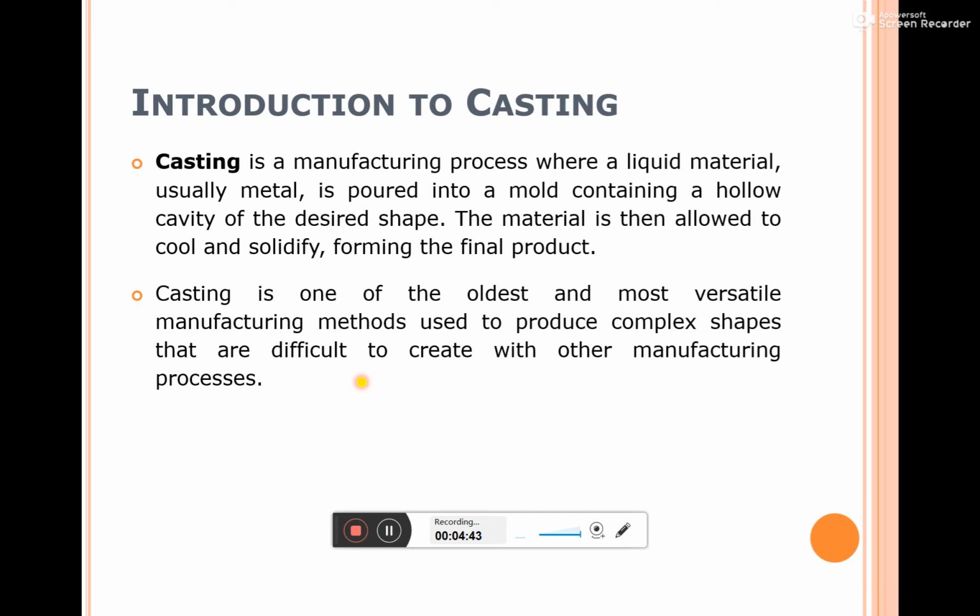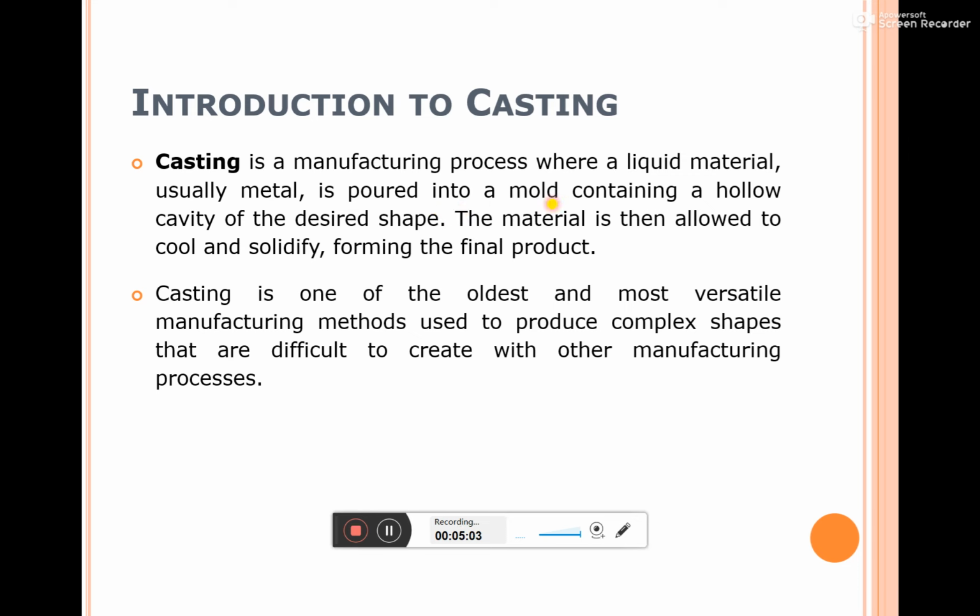Casting is one of the primary manufacturing processes where we melt the material, that is, using furnaces we convert the solid material into liquid material, and after that we pour this liquid material into the mold.